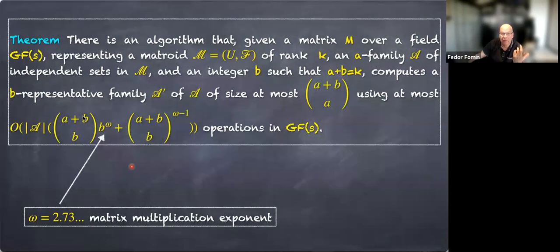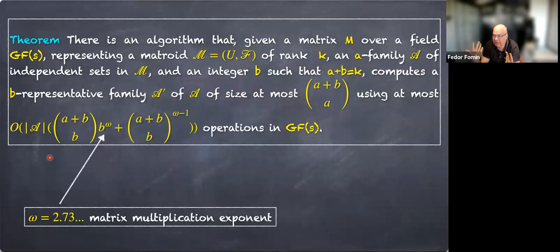Look, a plus b choose b is the size of the subfamily of the family A, so this size is always at most the size of the family A. So b is also at most the size of the family A. So this is polynomial, and this is also polynomial in the size of the family A. So everything here is polynomial, and this is the first polynomial algorithm to compute a representative set.